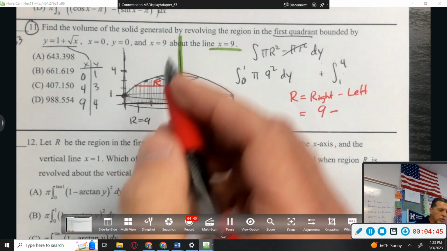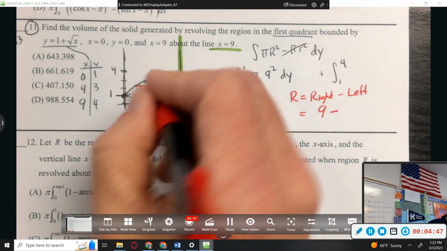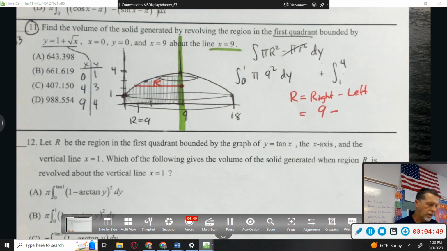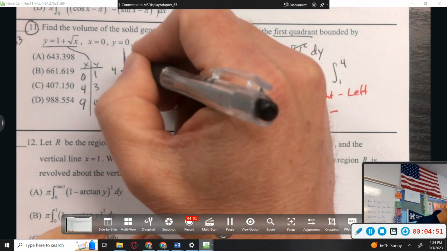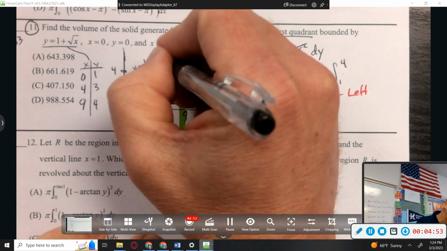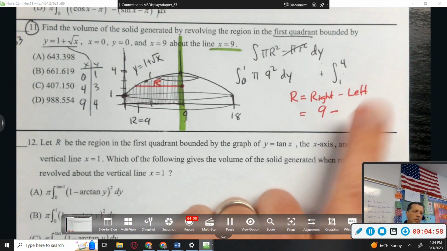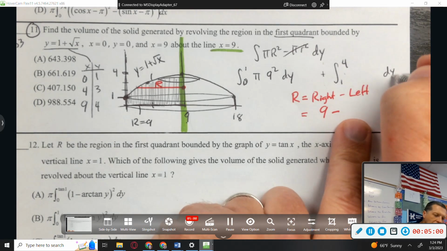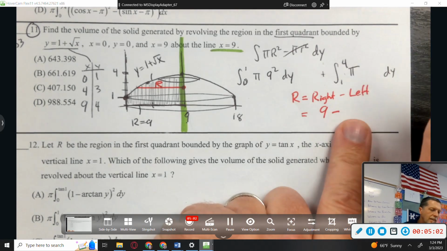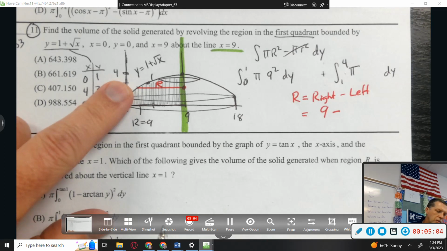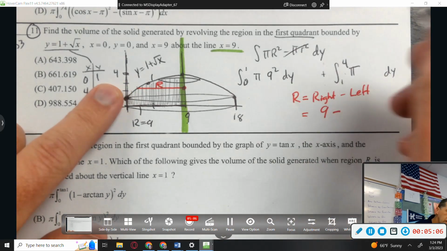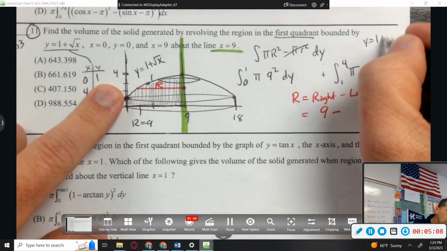And the leftmost spot is on this curve, and that curve is y equals 1 plus square root of x. Except I need it in terms of y. So I got to solve for x.